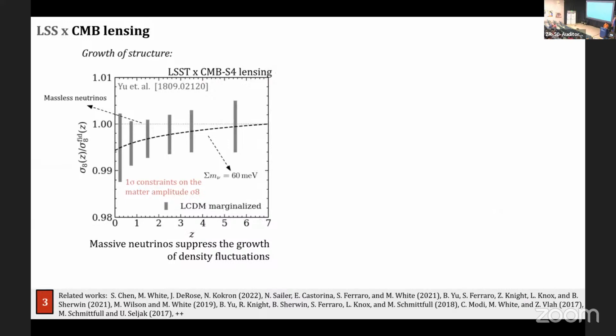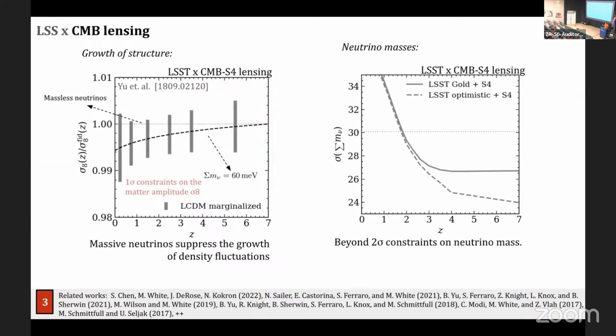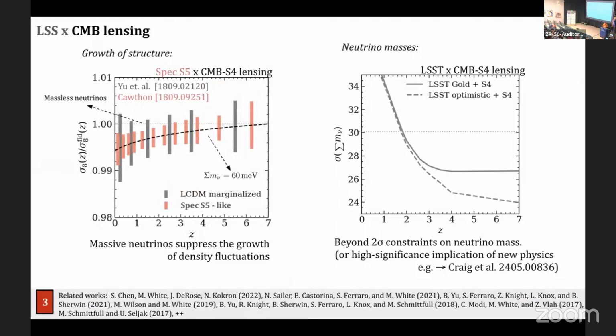And there's a good set of recent forecasts that suggests that upcoming future large-scale structure surveys can constrain the mass of neutrinos beyond 2 sigma for a given normal hierarchy, or can make high significance suggestions of new physics, as has recently been suggested. And information up to higher redshifts will indeed improve this up to around 3 sigma, as covered and discussed in some of these papers that I link here. So this will be a very exciting probe.